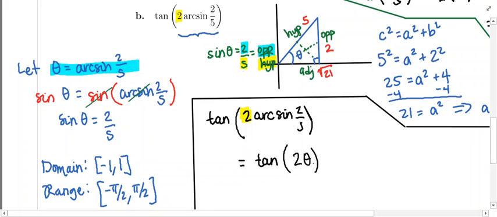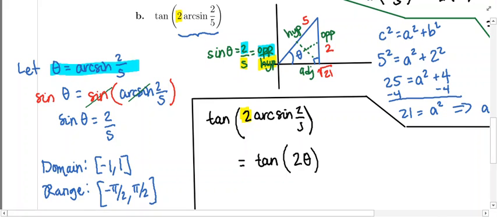And look at that. We have a double angle formula. Yay! So we need to go back and dig up the double angle formulas for tangent. If you go back, that was section 7.4. There is only one double angle formula for tangent.